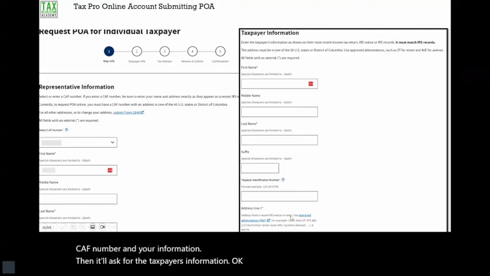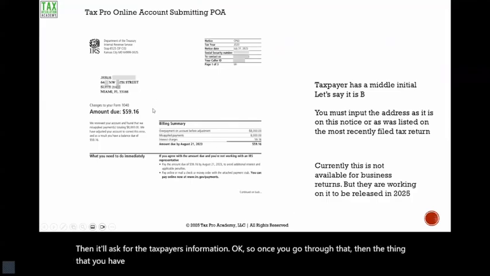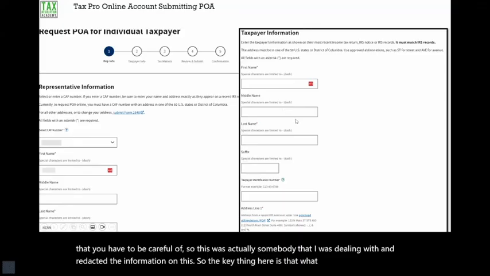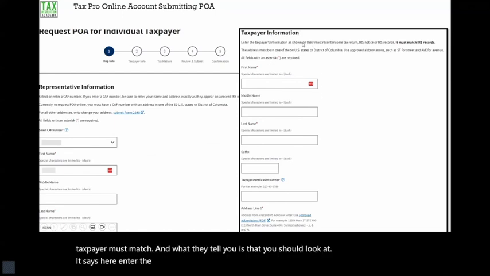Okay, so once you go through that, the thing that you have to be careful of, so this was actually somebody that I was dealing with, and I redacted the information on this. The key thing here is that what goes in this space for the taxpayer must match. And what they tell you is that you should look at, it says here, enter the taxpayer's information as shown on their most recent income tax return and IRS notice or IRS records.